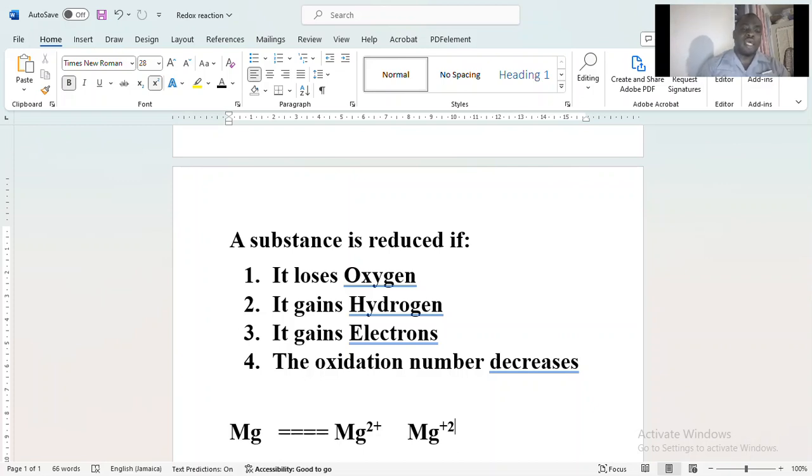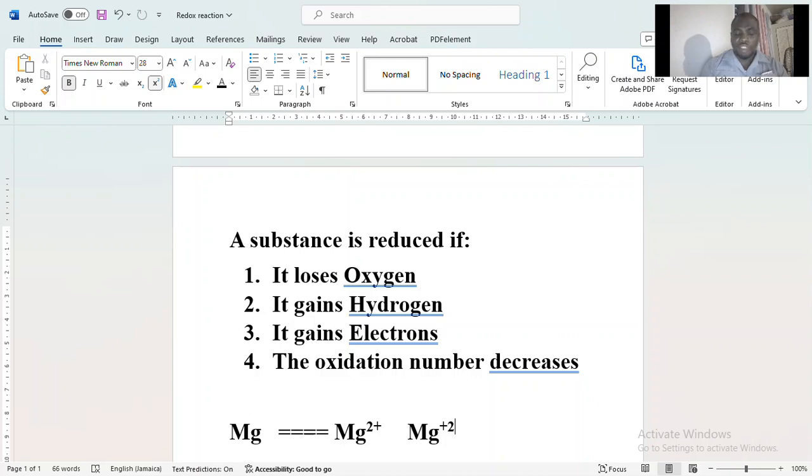So when the element loses an electron, it becomes positive. It forms a positive ion. And that is something you should have learned when we looked at atomic structure, ionic compounds and bonding. So technically, the loss of electrons is oxidation.